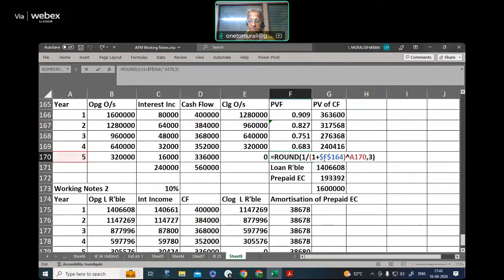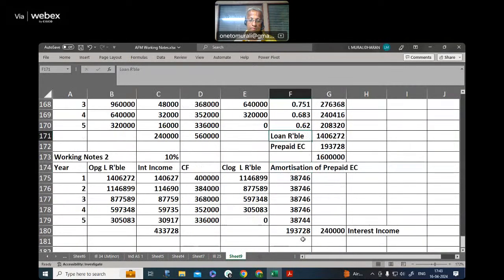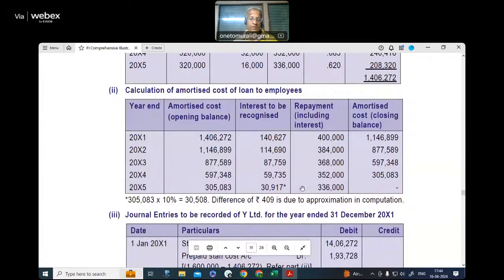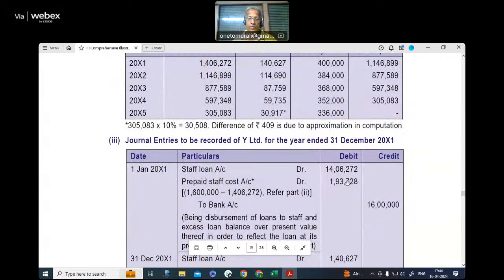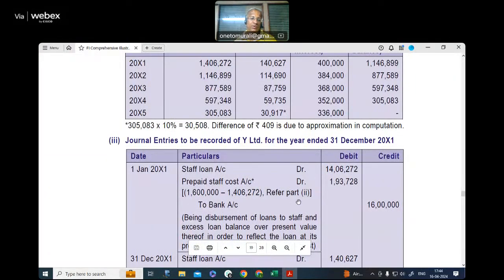Here it is. Correct. $193,728. Prepaid staff cost is what they have mentioned.